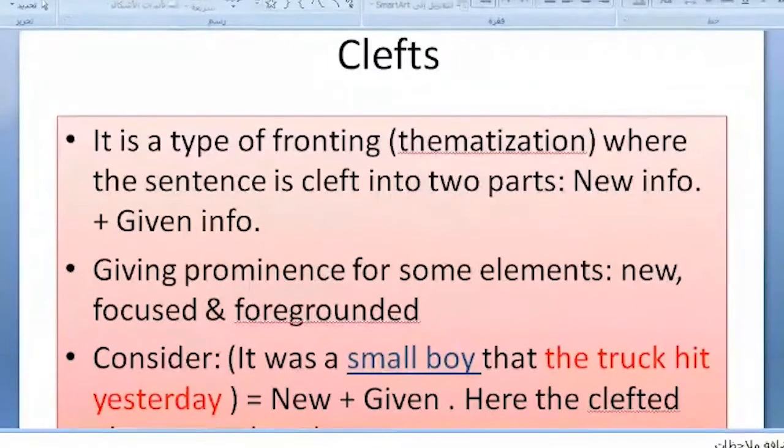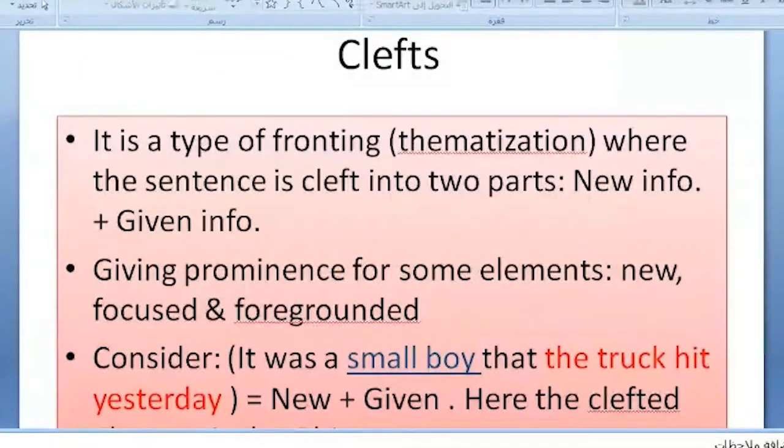One of these ways is to use the emphatic particle: إنه بالأمس عندما صدمت الشاحنة الولد الصغير. إنها شاحنة التي صدمت الولد الصغير وهكذا. It means I use after إنّ the focused element, the prominent element, the most significant element. I put it after إنّ in Arabic.